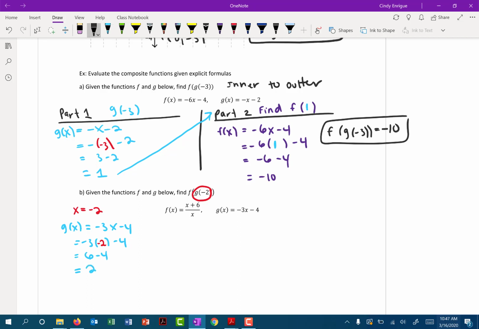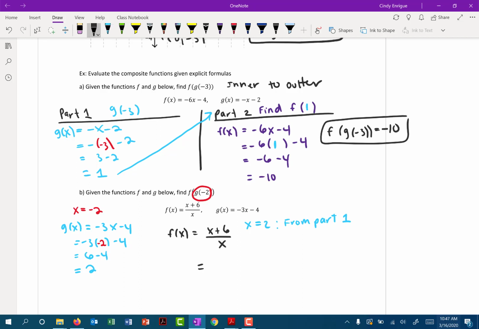So now I need to plug that into my f function. I know that f of x is x plus 6 over x, and what I'm plugging in is that x is equal to 2 now, from part 1. So you don't know what value you're going to plug in until you actually compute part 1 of this equation.